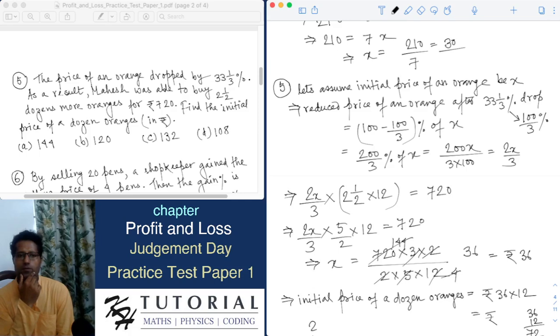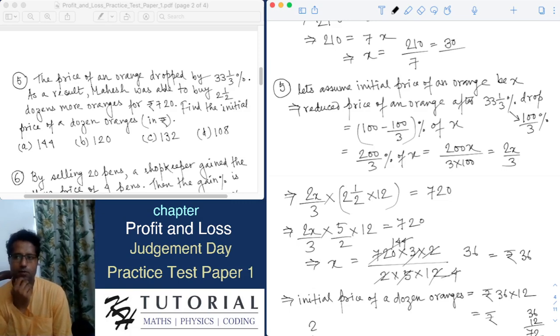So he purchased 2.5 dozens more for 720. This 720 should be the cost price of 2.5 dozens of oranges based on the reduced price of the oranges, which is 2x by 3.